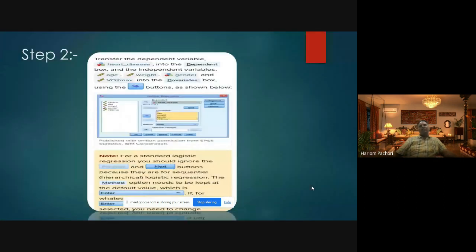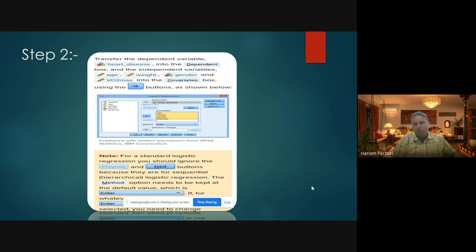And how to go ahead? Then you will get this. Transfer the dependent variable, heart disease, into the dependent variable box, and the independent variables age, weight, gender, and VO2 max into the covariate box using that arrow.